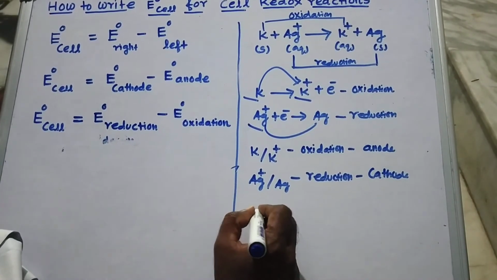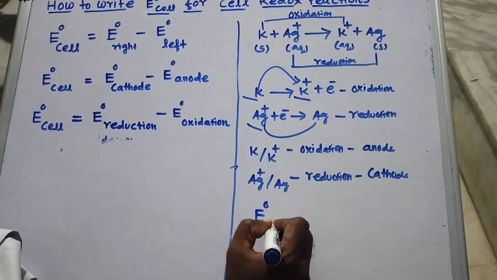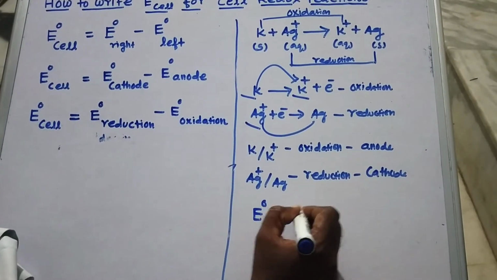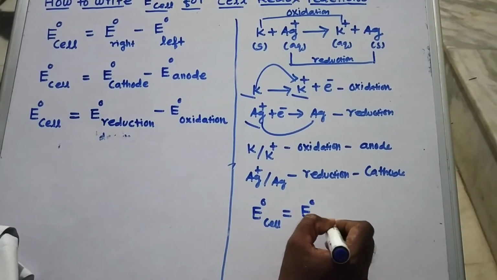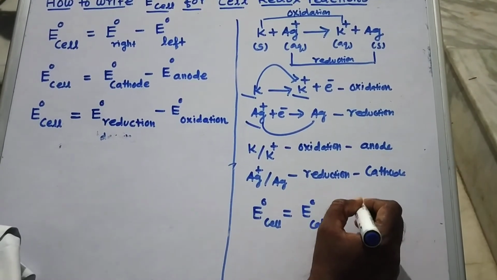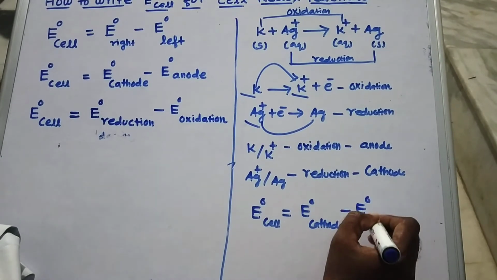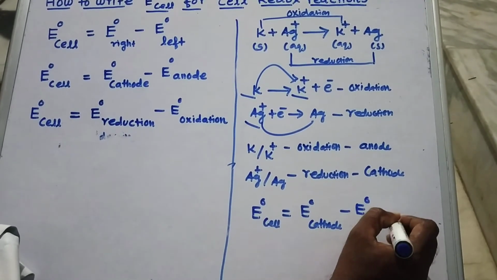So it's well known that E0 cell is equal to E0 of cathode minus E0 of anode.